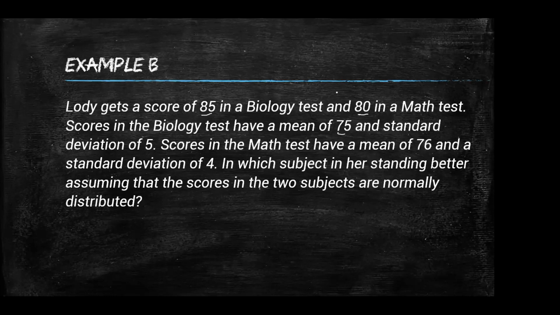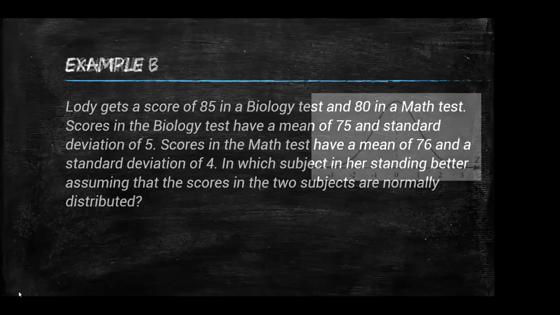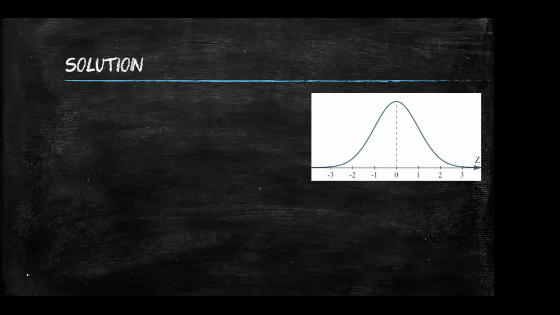Based on the given, using the z-score, in which subject is her standing better, assuming that the scores in the two subjects are normally distributed. Using the z-score, or the standard score, we can determine which of the scores is better. So let's look at it.